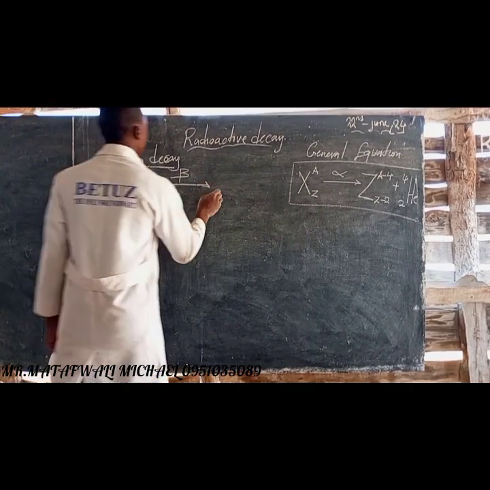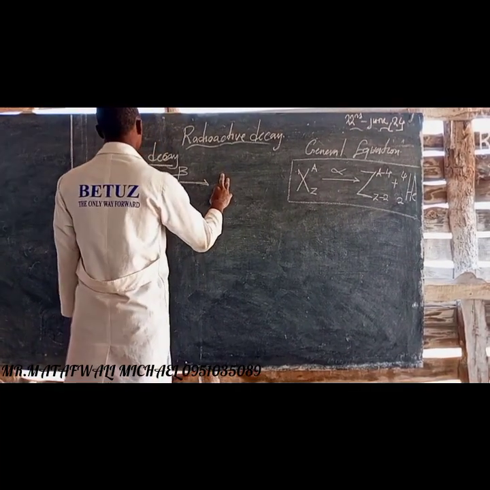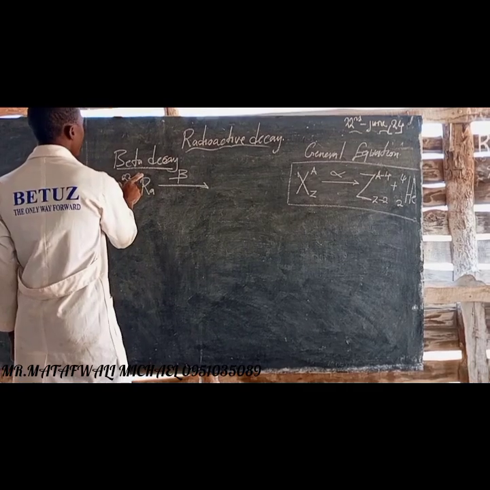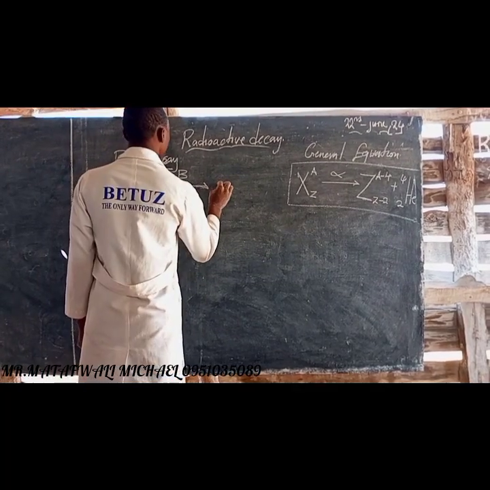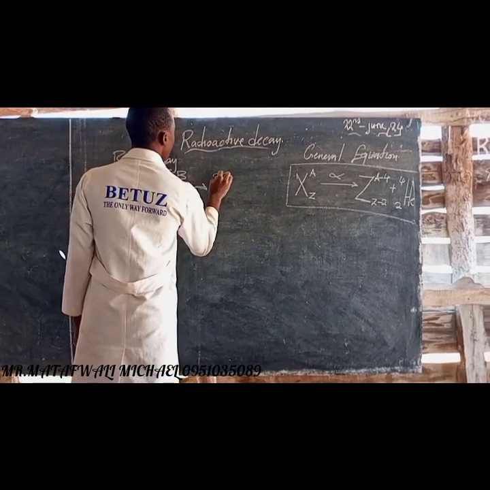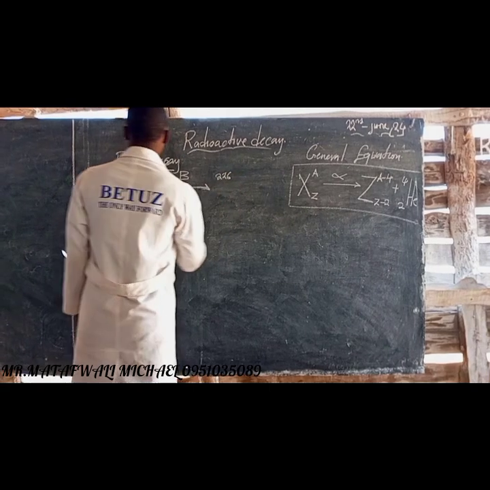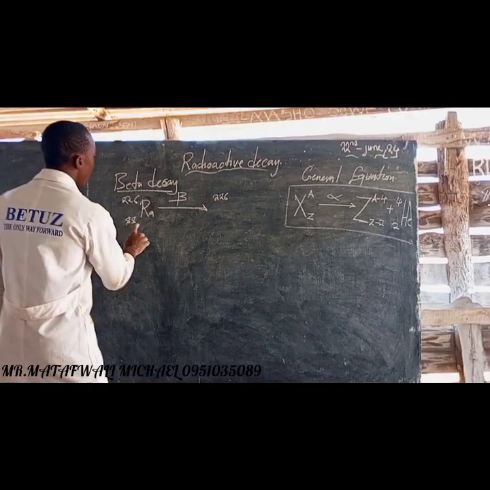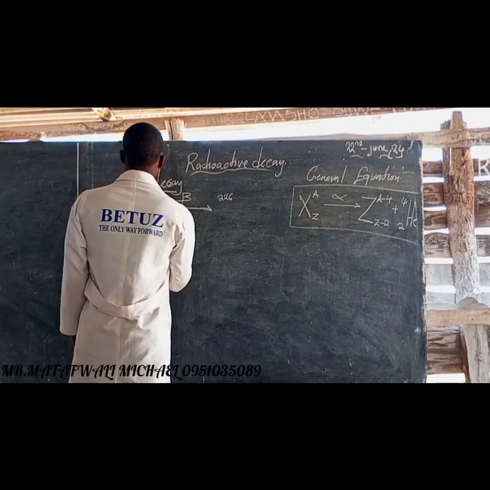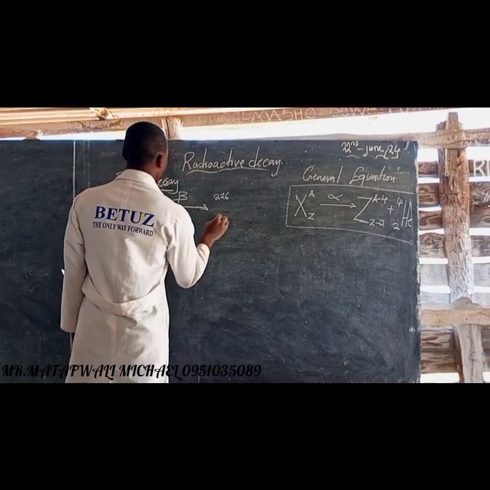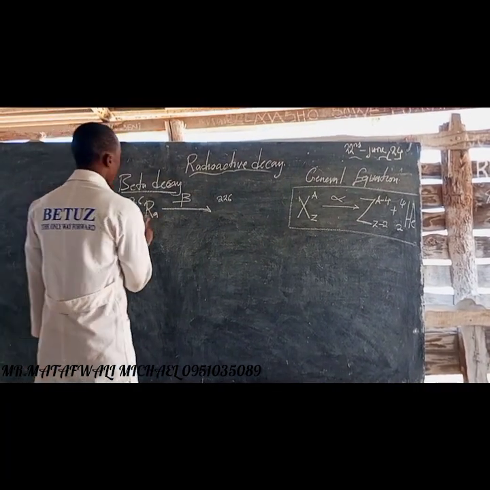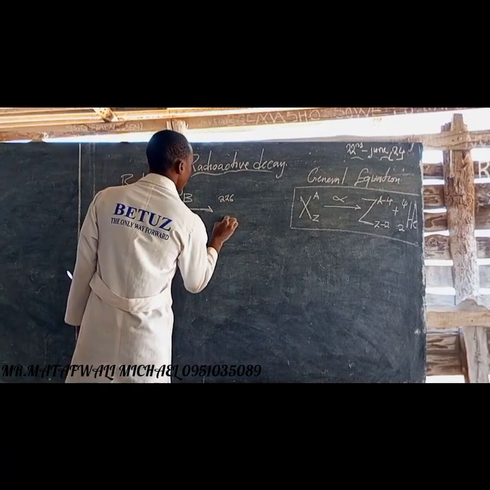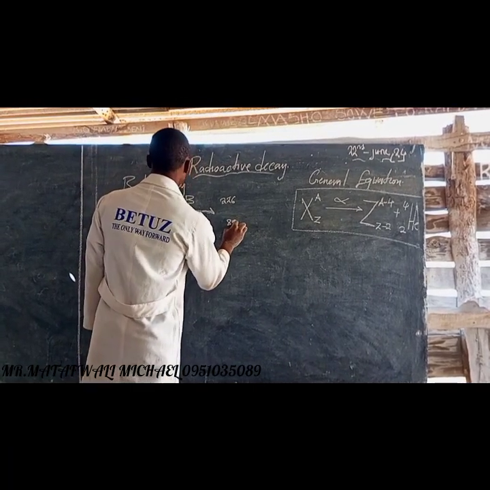And for the product which is going to form on this side, the mass number remains the same, and the proton number is going to increase by 1. So 88 plus 1, we are going to have 89.